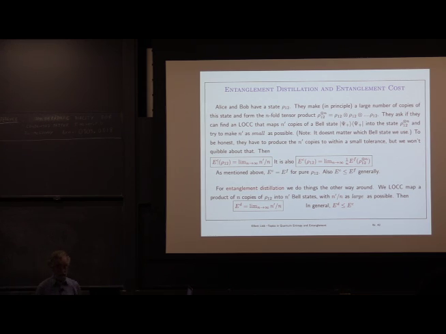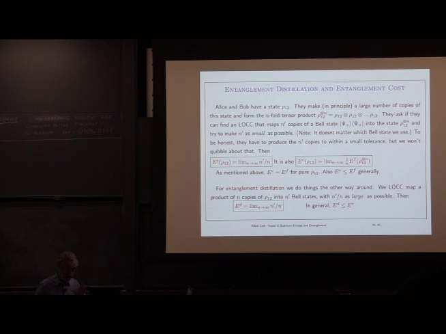I wanted to clarify that point, because remember, among LOCC, there are unitary transforms. So if you can do it with one Bell state, you can do it with any Bell state, because the two differ just by a unitary. And that's a local operation. Now, to be honest, Alice and Bob have to produce the copies to within a small tolerance.